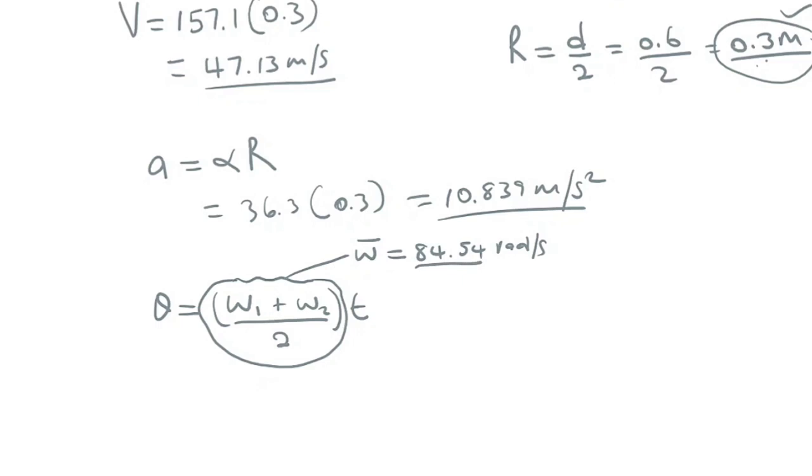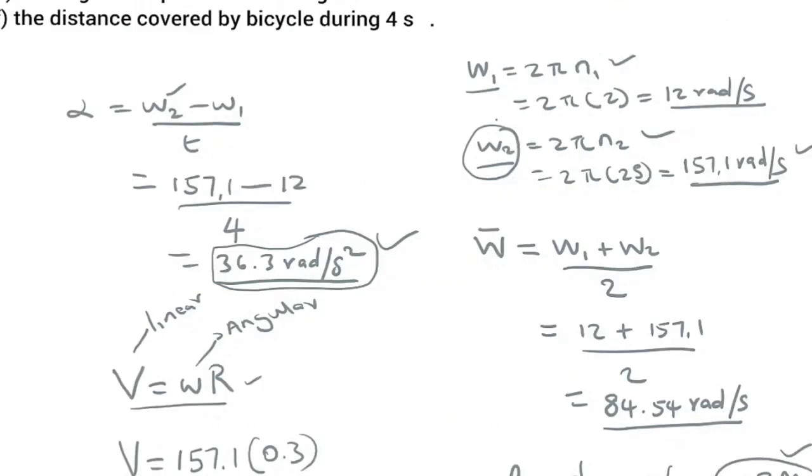So without wasting time, let us put 84.54, then put the time 4 seconds. Here it gives us 338.16 radians.